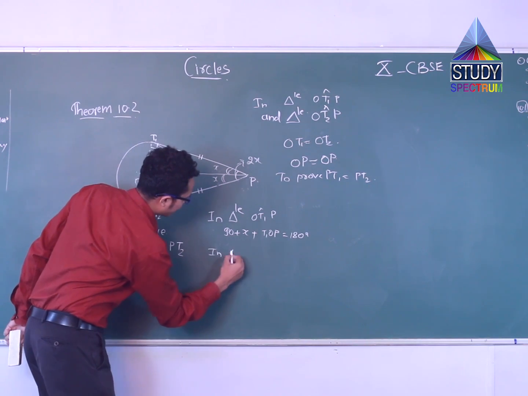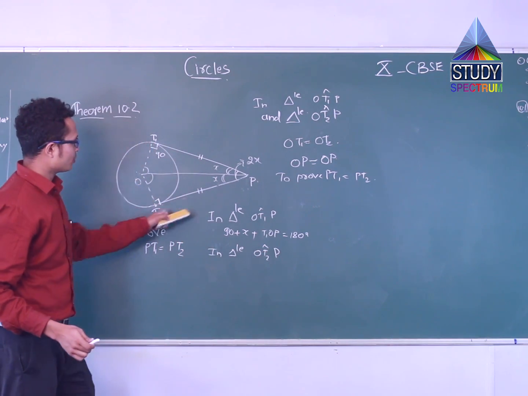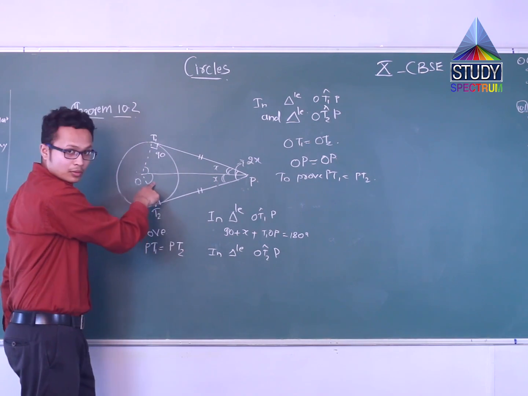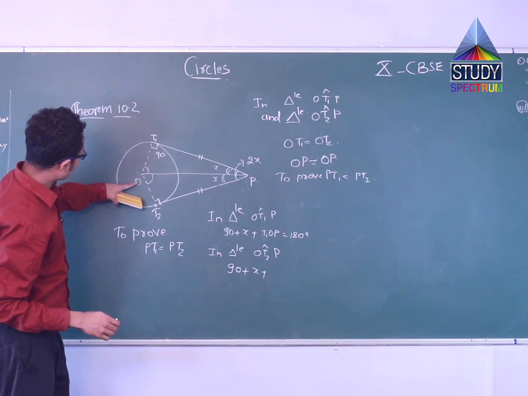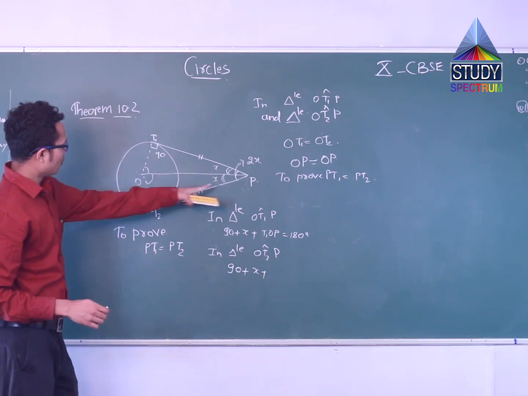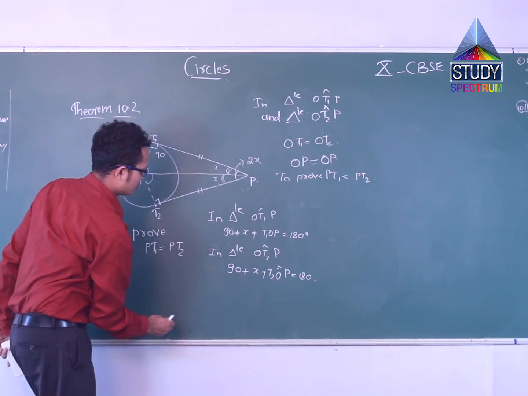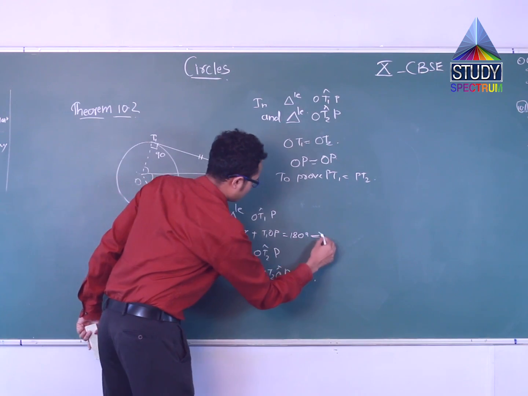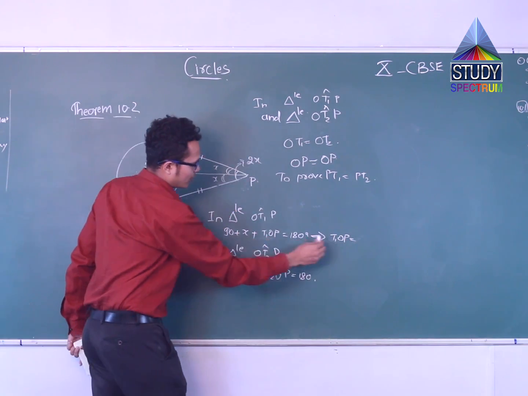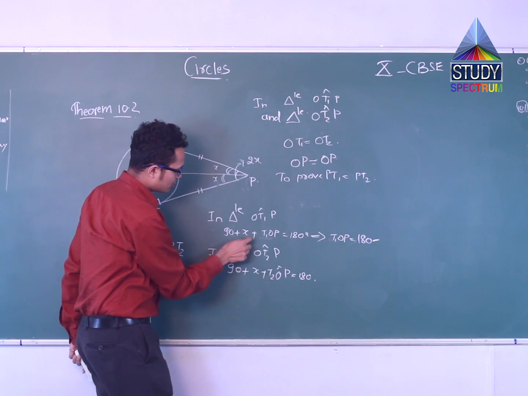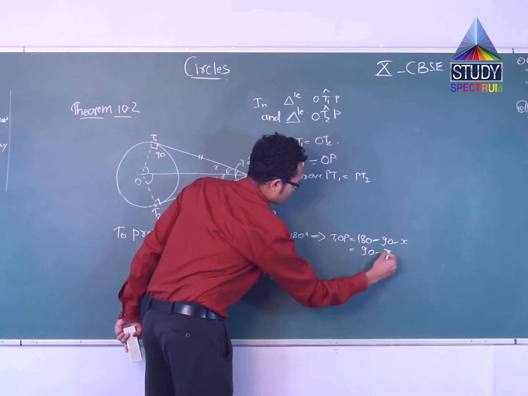So in triangle OT2P, you have 90 plus x plus this angle, T2OP. Therefore, from here you have T1OP is equal to 180 minus; shifting these two terms to the right hand side, it becomes 90 minus x.